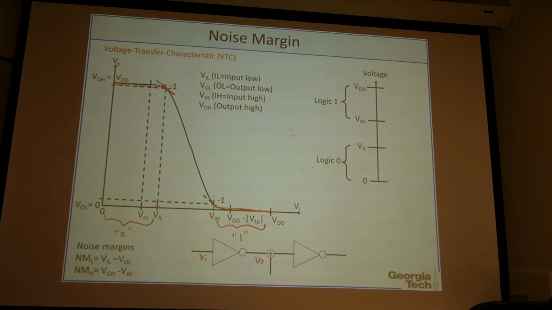If you look at the voltage range here from 0 to VDD, your input can have this kind of logic 0 range from 0 to this VIL. And input logic 1 can be from VDD down to the VIH.